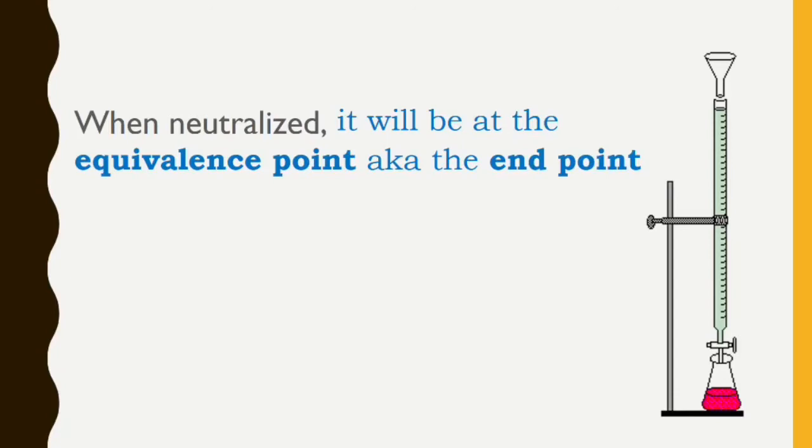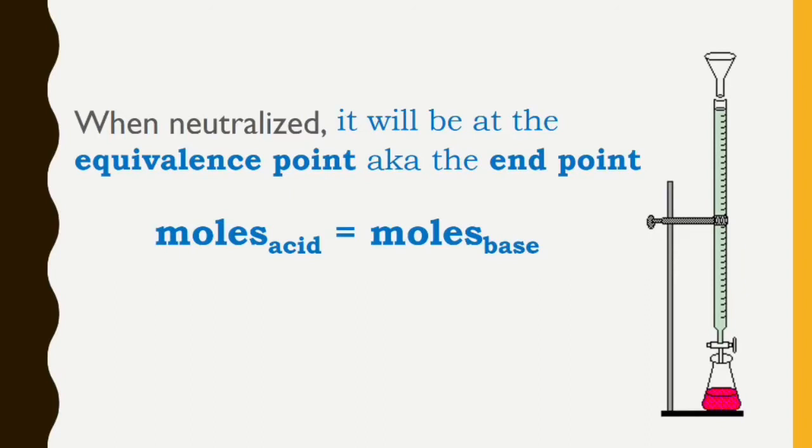But really what we should realize about it is that it is also called the equivalence point, or it's mainly called the equivalence point, because once we get to that point, once our acid and our base have neutralized each other and canceled each other out perfectly, then the amount of acid that we have is equal to the amount of base. And the way we quantify and calculate amounts is with moles.